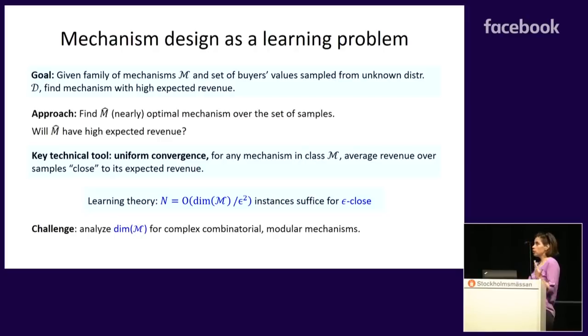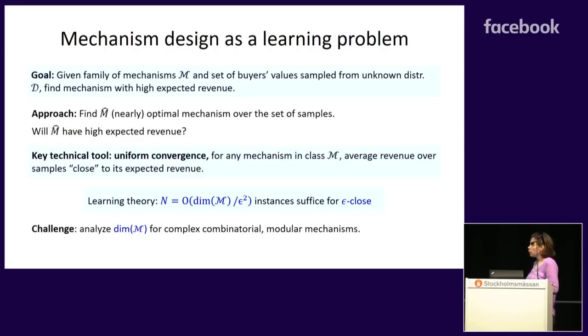There are many notions of complexity in learning theory, for example the VC dimension for binary valued functions, the pseudo dimension for real valued functions, the Rademacher complexity, and so on. And the key point is that this notion of dimension then comes in the uniform convergence bounds.